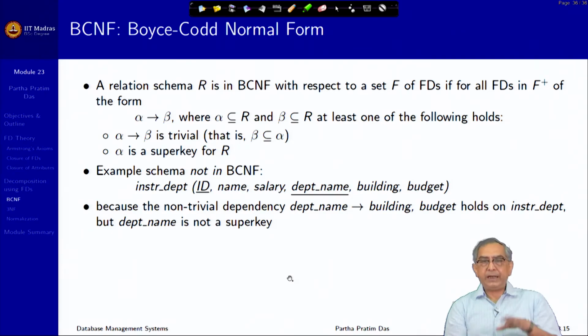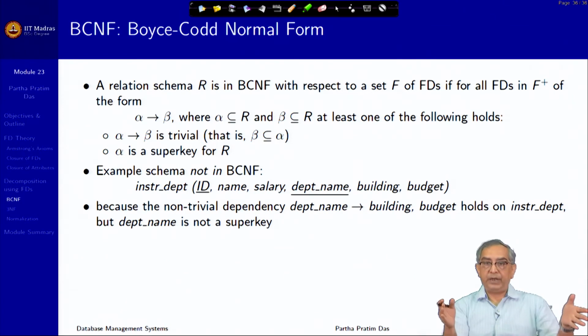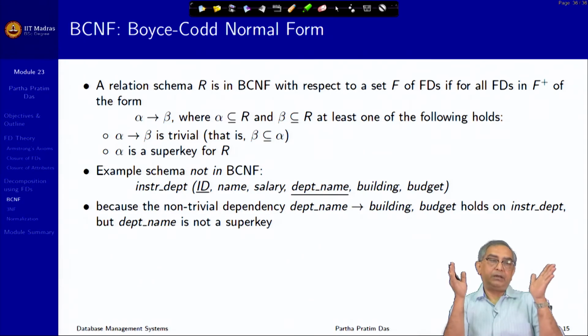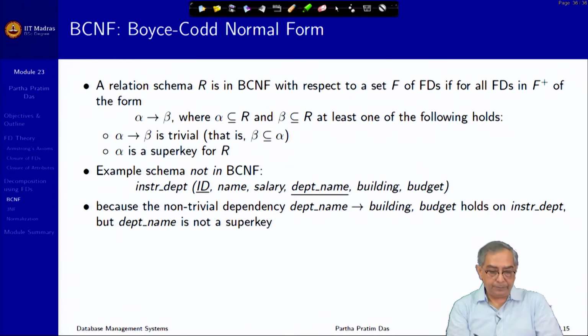So, we just take a quick look. We will have more formal stuff on this in later modules, but just a quick look at how functional dependency helps in doing a decomposition. Right? We have seen decomposition, we have known why decomposition is important, but all that had been ad hoc.